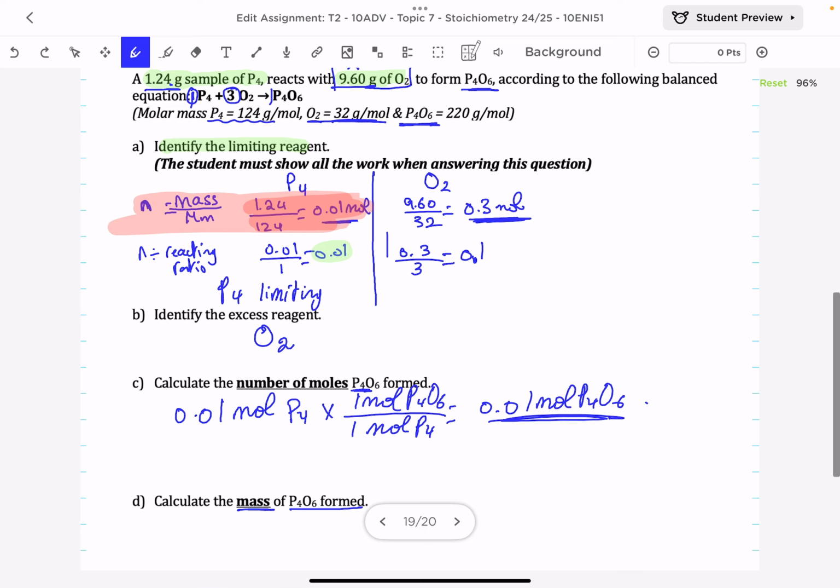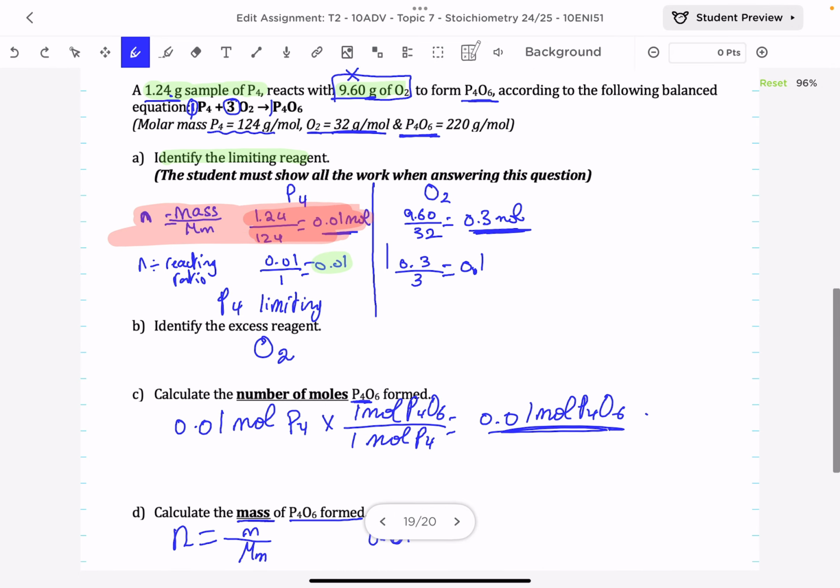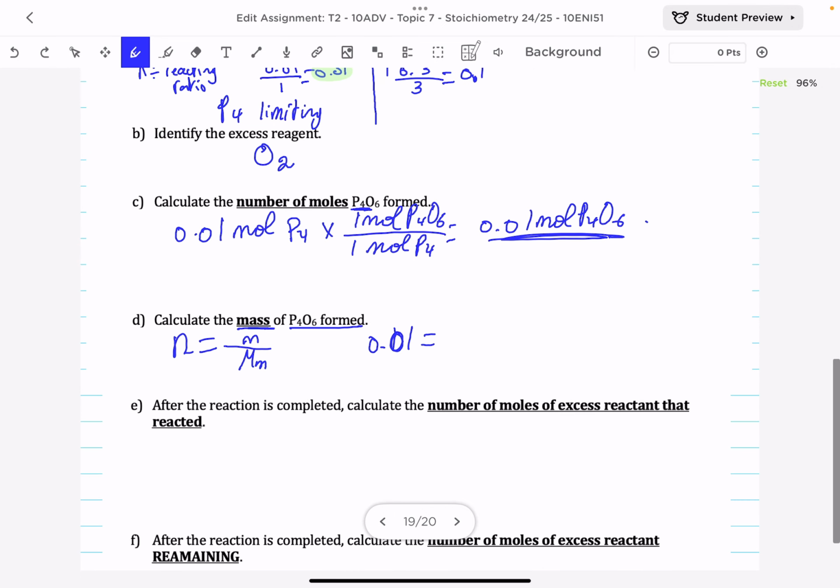I have the mole. I can take that mole, plug it in the formula of mass over molar mass to find the mass. All I need is the molar mass of P4O6, 220. So the answer is 2.2 grams.